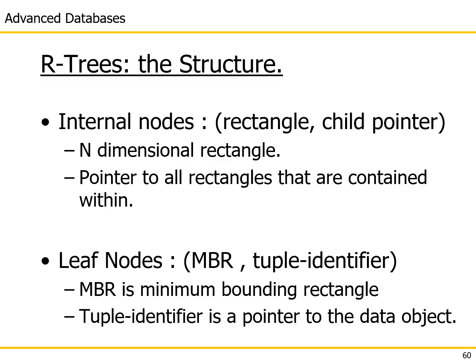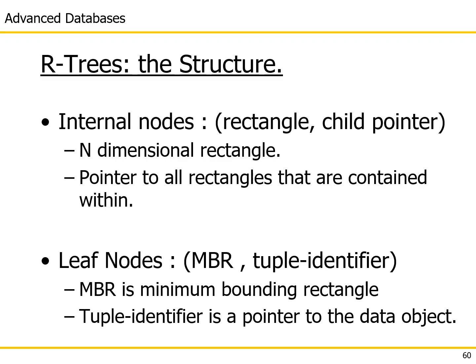So this is different. It deviates from the logic of B+3 or binary search trees in general, where you go to the left if it's smaller and to the right if it's bigger or equal. Well, in R3, when you go down, you're going to nested bounding boxes within the bounding box of the parent.